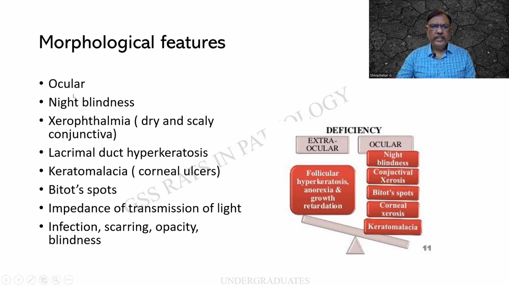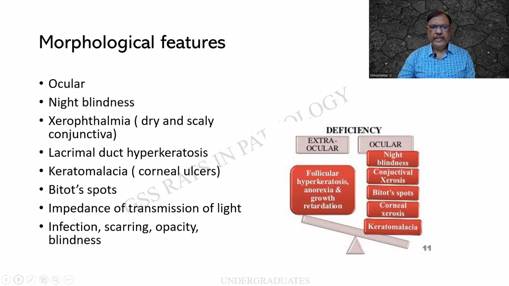Now, these are the ocular manifestations, in which there can be night blindness, xerophthalmia, dry and scaly conjunctiva, lacrimal duct hyperkeratosis, so there is keratin getting deposited in the lacrimal duct, keratomalacia or corneal ulcers, Bitot spots, impedance or interference to the transmission of light.